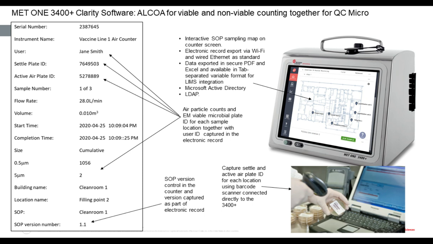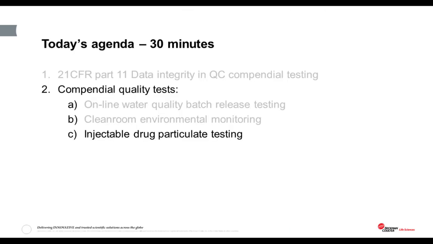So that way you're tying the settle plate and the active air plates that you use at each location in the clean room to a date and a time. So this gives traceability for those plates. So you can see in the electronic record, you have the plate IDs, you have the name of the user, and you have the particle count results all in one electronic record.